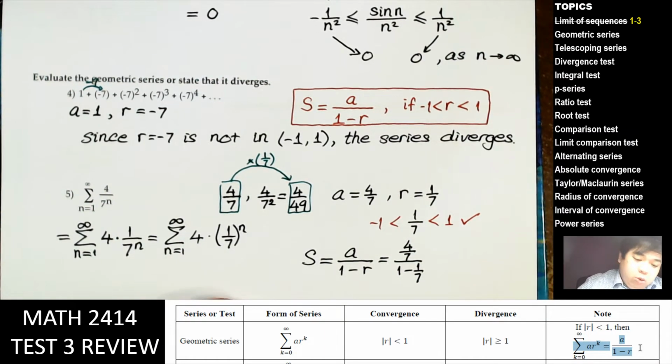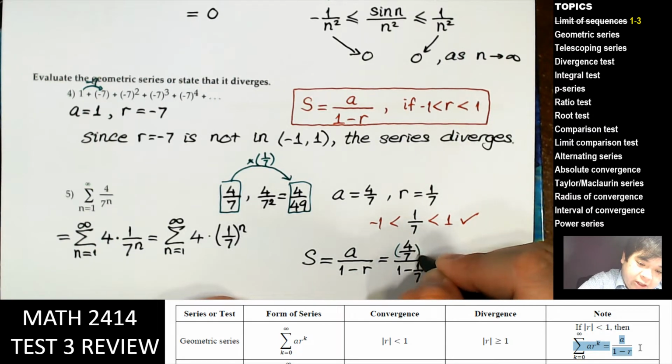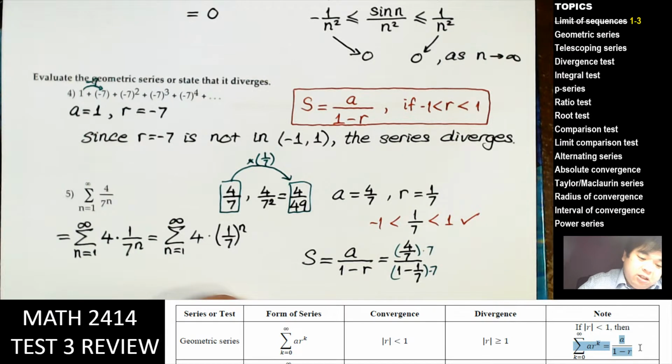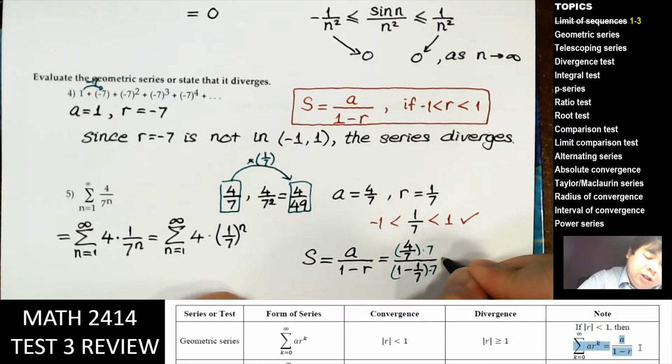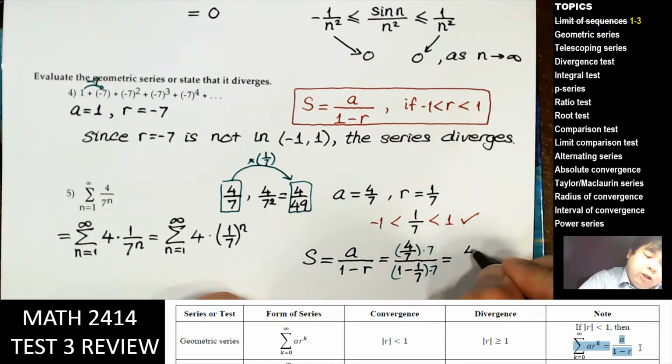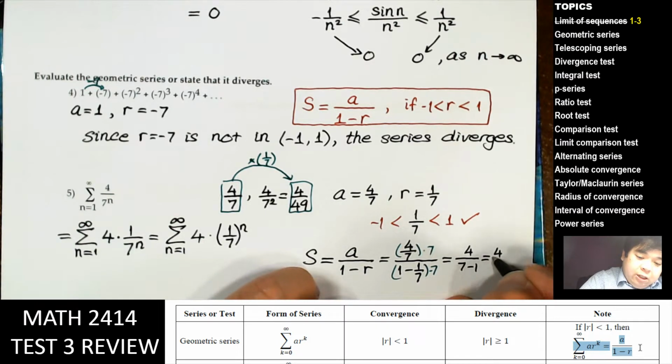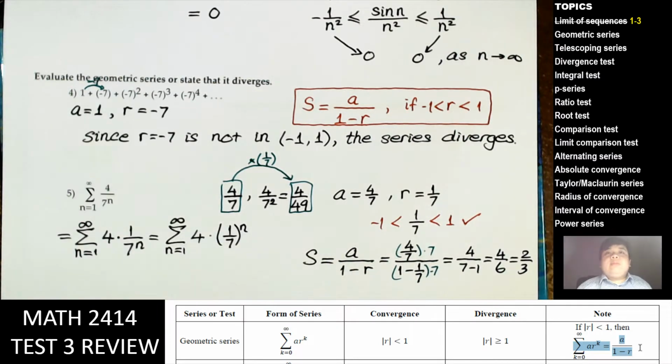Right. I will multiply top and bottom by 7 to eliminate the denominator. So that gives us 4 on the top, 7 minus 1 at the bottom. So we have 4/6, which is 2/3. Right.